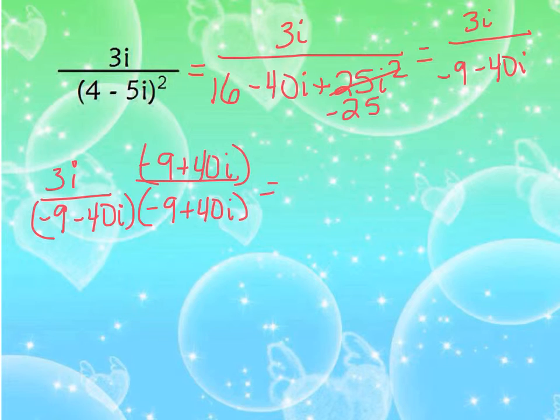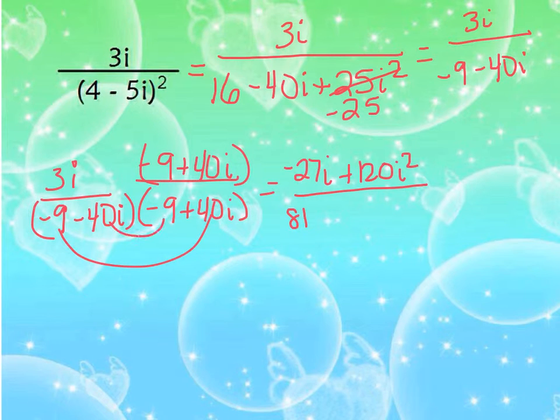Distribute on the top, so negative 27i plus 120i squared. On the bottom, I'm going to do FOIL of 81. Outer and inner are going to drop. I'm not even going to write them this time. And the last is going to get me a negative 1600i squared.